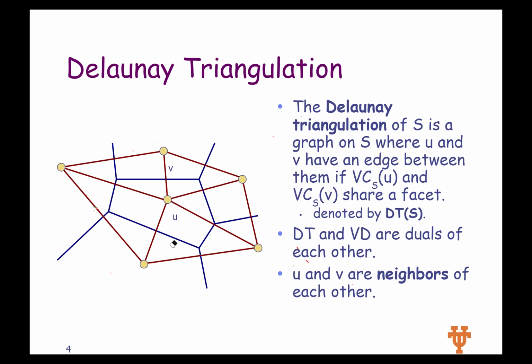Look here, V and U, right? Their Voronoi cells are neighboring each other, and they share a Voronoi edge. So we directly connect U and V, okay? And this is called Delaunay triangulation. So DT and VD are duals of each other. If you don't understand what duals are, you can Google it, okay, in graph theory.